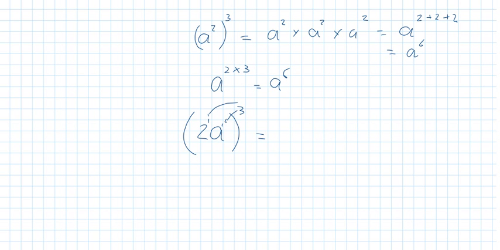So that becomes 2 to the power of 3 and a to the power of 3. That only happens if I have multiplication and division. If I have addition, so let's say if I had this, it does not work. I can't do this. So you have to be careful with this. Only when I have multiplication, and then we're going to cover the division in a bit.